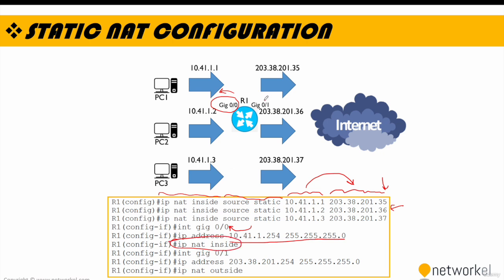Then I'm going to my other interface, gig0/1, and I'm assigning an IP address again, as you can see here, and I am typing ip nat outside for the interface which is connecting to the internet.